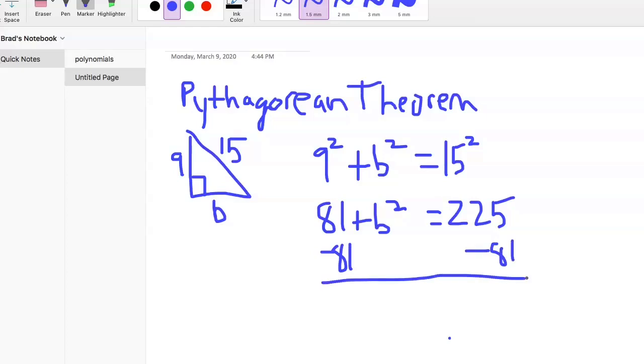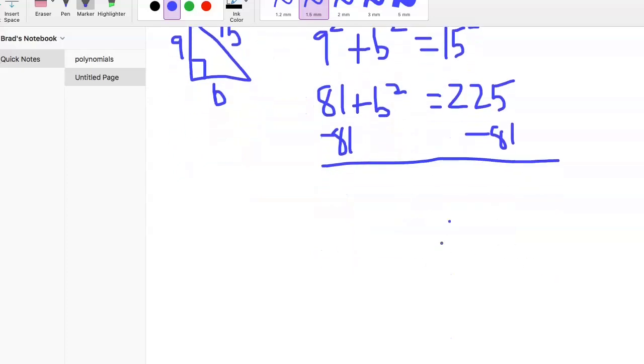Subtract each side by 81. Then we just have b squared on the left. And on the right, we have 225 minus 81, which is 144.